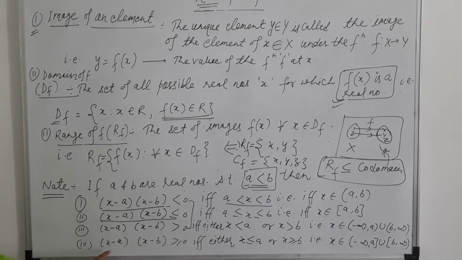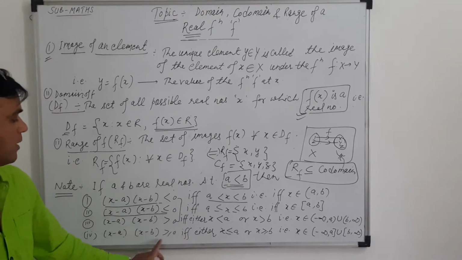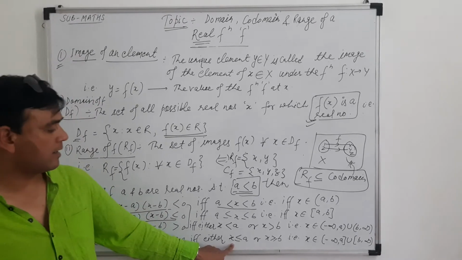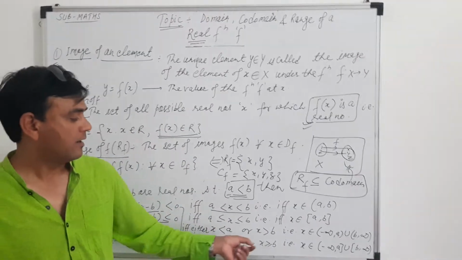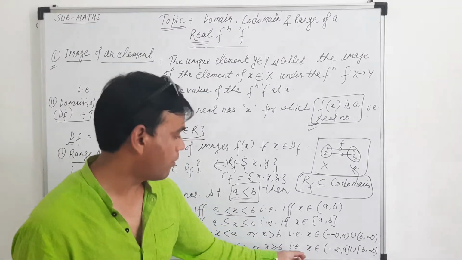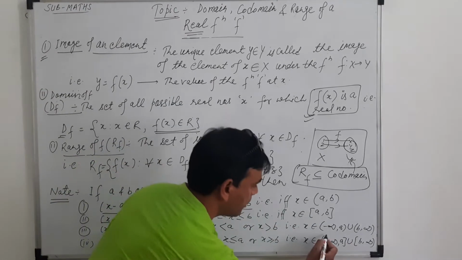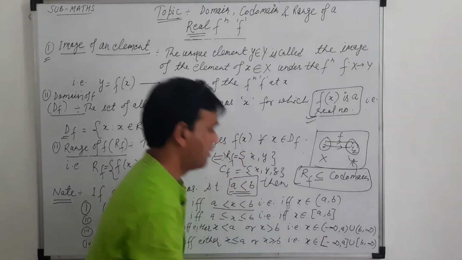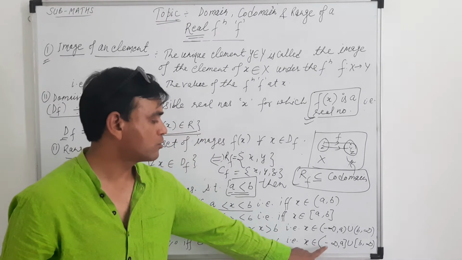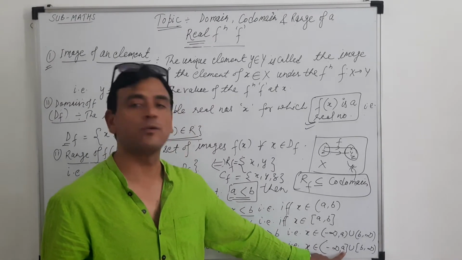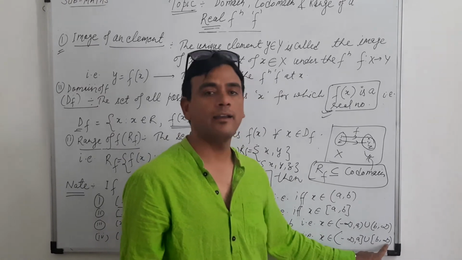In a similar way, in place of the greater sign, if we have greater than or equal to, then this will happen if either x is less than or equal to a or x is greater than or equal to b. So again we can write this in interval form: x belongs to (minus infinity, a] union [b, infinity). You must know about semi-closed intervals.